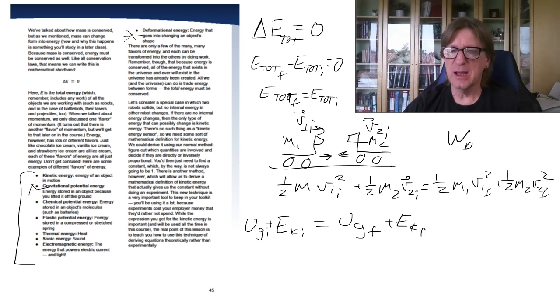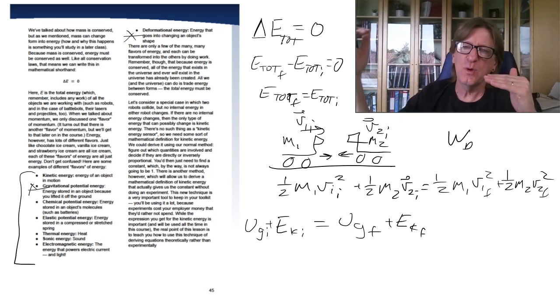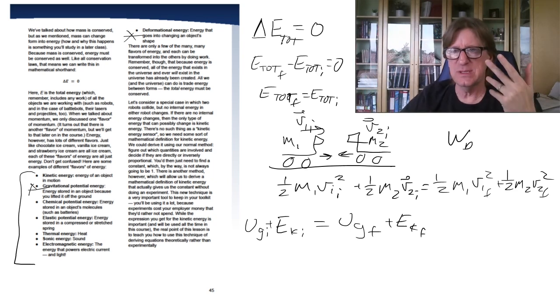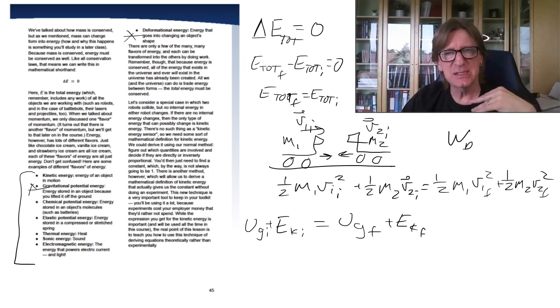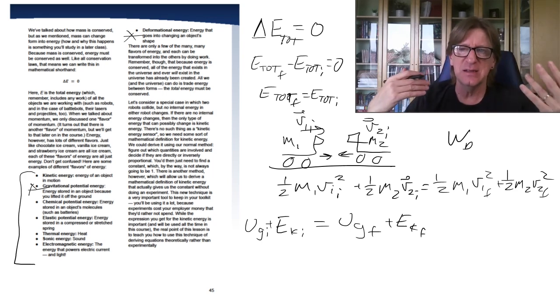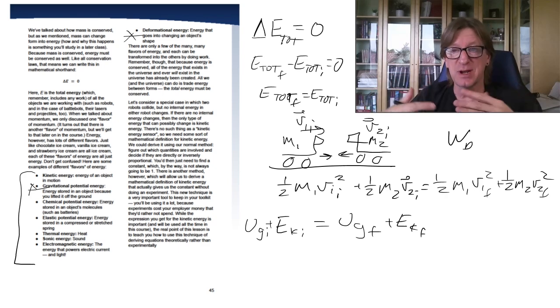And remember, I could have UG1I, UG2I, EK1I, EK2I, and so on and so on. All right. Well, we need a sign convention for work. And the sign convention is that if work goes into the system, we say it's positive. Don't get confused. It's not a vector. We're not talking about a direction. Just because it has a positive or minus in this case doesn't mean that it's got a direction.